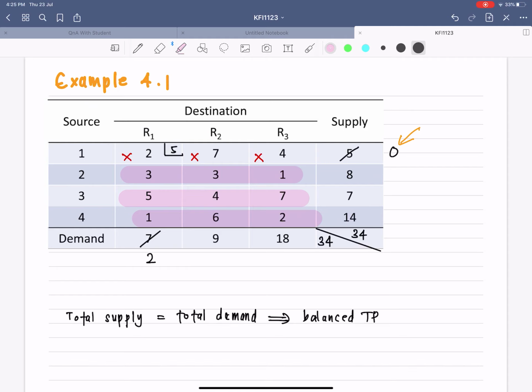From these 9 cells, the northwest corner is this one. So we will consider this cell now.